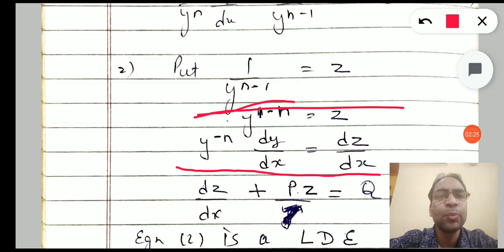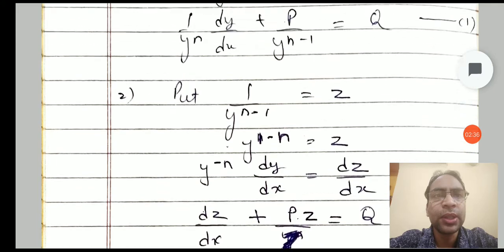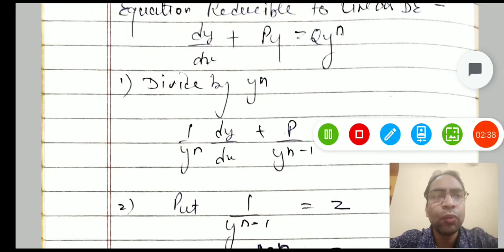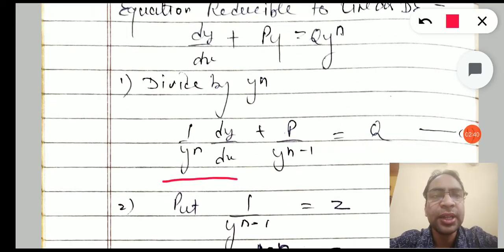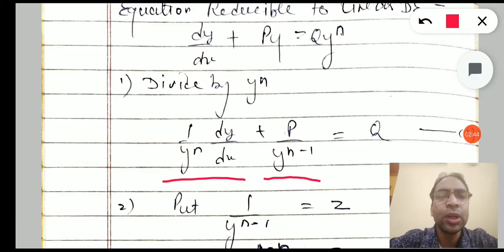We have to replace both the things, dy by dx also, because we need to convert the equation into two variables z and x. Just by doing these two substitutions, you can see this 1 upon y to the power n dy by dx will become dz upon dx, and 1 upon y to the power n minus 1 will become z.